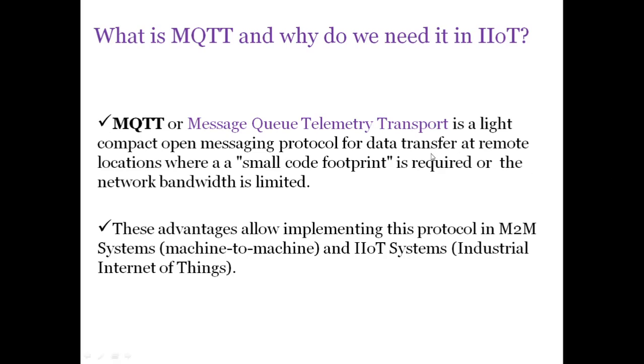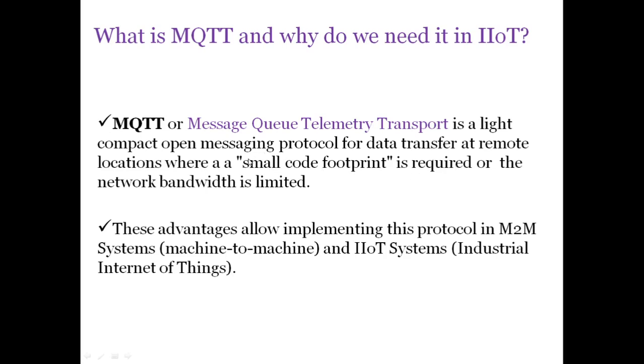Normally you can ask yourself, why do we need to use MQTT in industrial IoT? Simply, MQTT is Message Queuing Telemetry Transport. It is a lightweight, compact, open messaging protocol for data transfer at remote locations where a small code footprint is required.